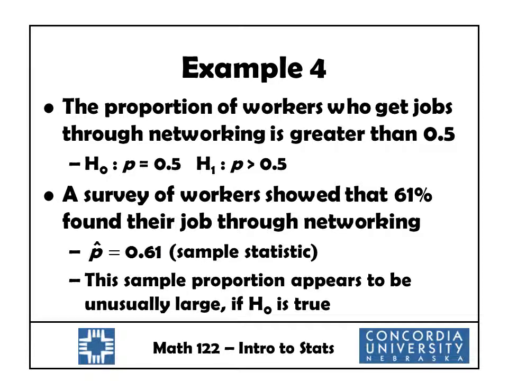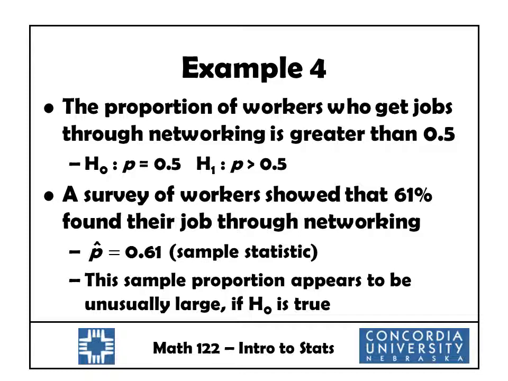Well, let's make an observation here. This sample proportion of 0.61 appears to be unusually large if the null hypothesis is true. When we do our calculations, we're going to do them based on the assumption that the null hypothesis is true.